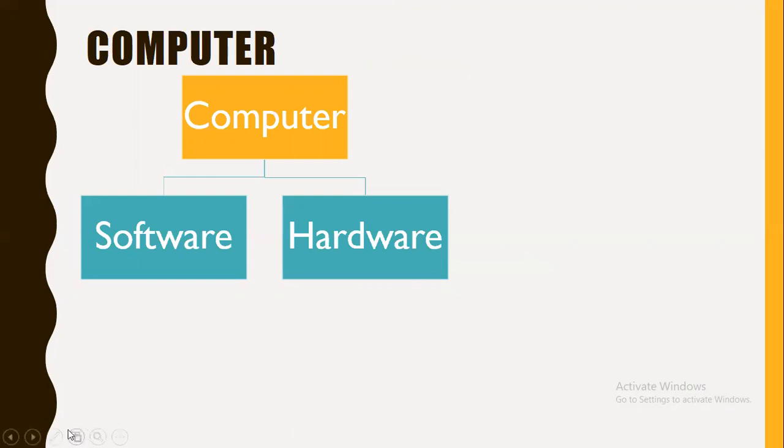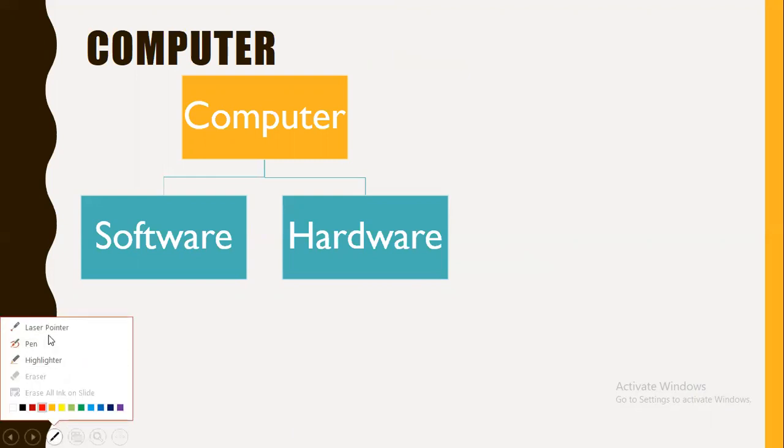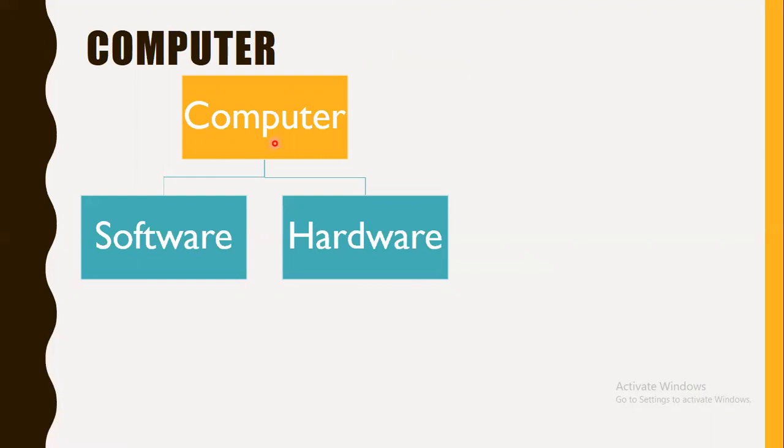So, computer is an electronic machine, and that machine consists of two parts. We all know that each and every computer has two basic parts, that is software and the other is hardware.